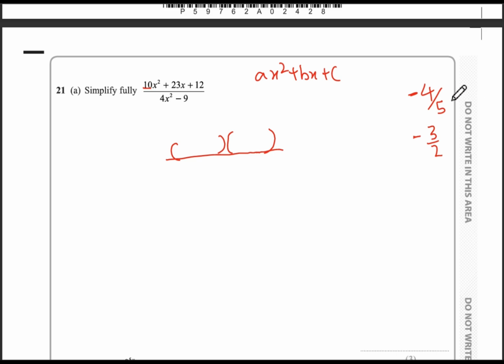We learned in one of the papers that to find the factor, it would be the denominator with x, so 5x, and the opposite sign of the number, minus 4, so plus 4. You follow the same for the other one: denominator with x, so 2x, and the opposite sign, so 2x plus 3.